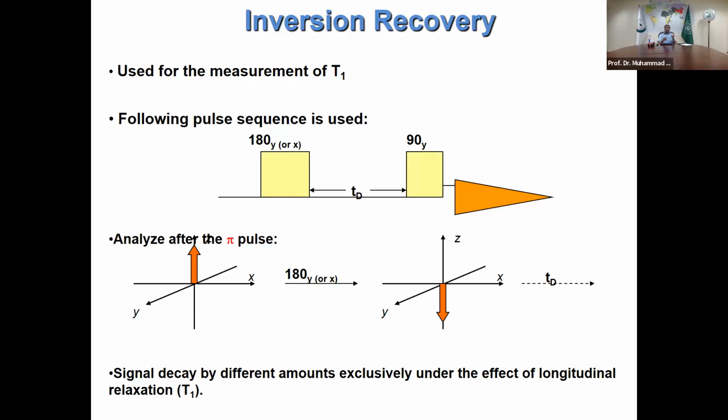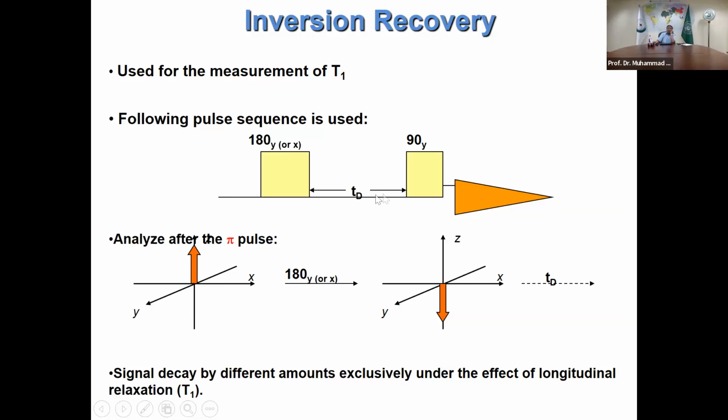Where will the magnetization go after a 180 pulse? Athiya, what is the response? Minus Z. Okay. After some time, it has to relax back to plus Z through a relaxation mechanism.